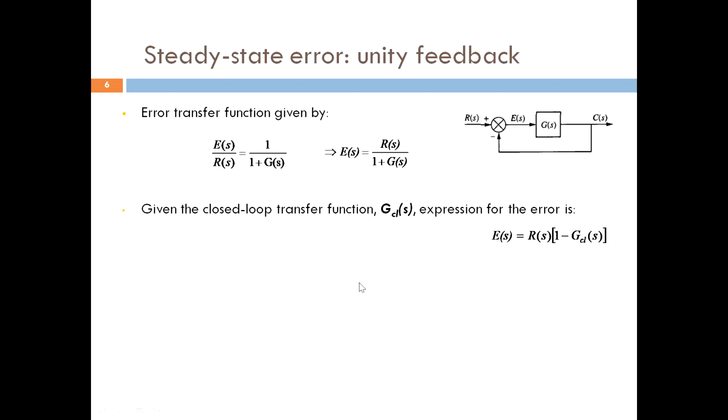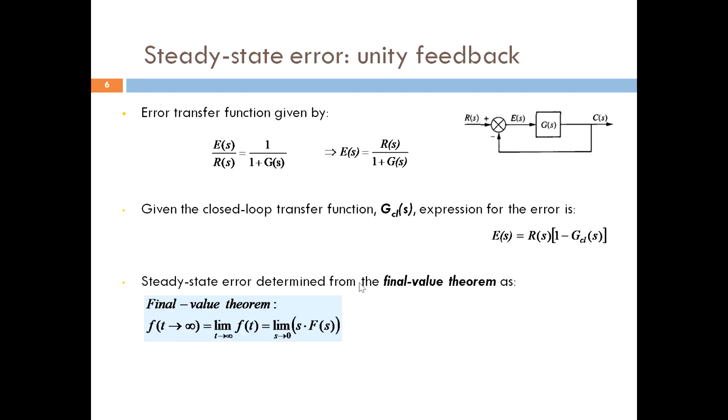Okay, so our steady state error analysis is going to be based on the Laplace transform because we are looking at a linear control system, and we make use of the final value theorem.